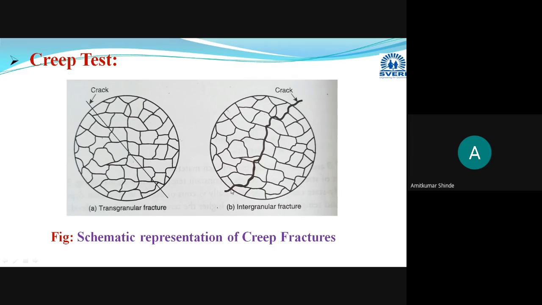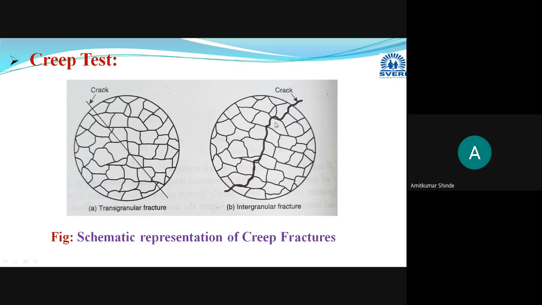And whenever the crack forms and propagates exactly along the grain boundaries, that will be termed intergranular or intercrystalline fracture. Intergranular means it will move along the grain boundaries, and transgranular means it will move through the grain.